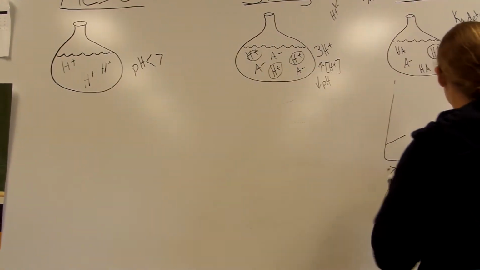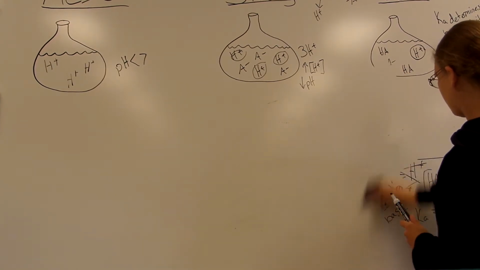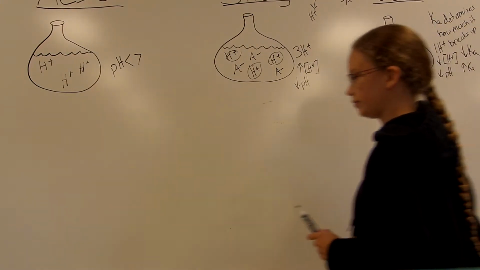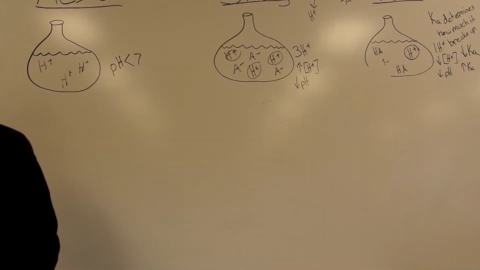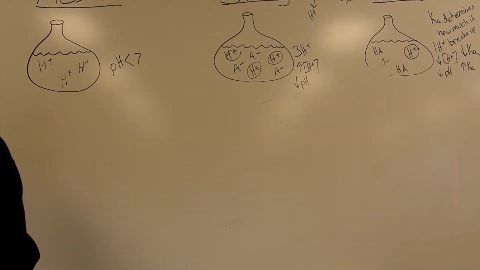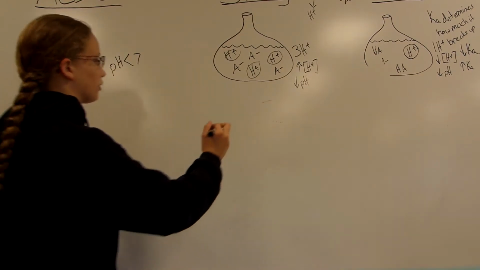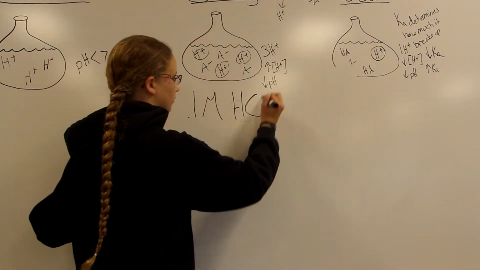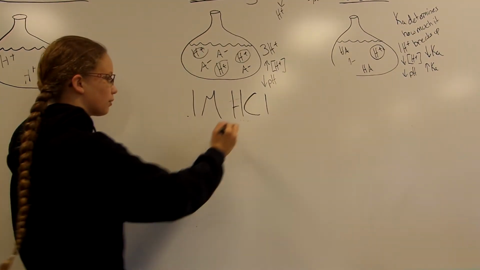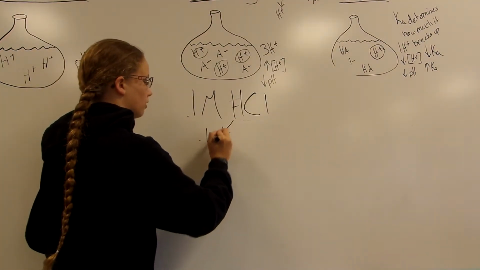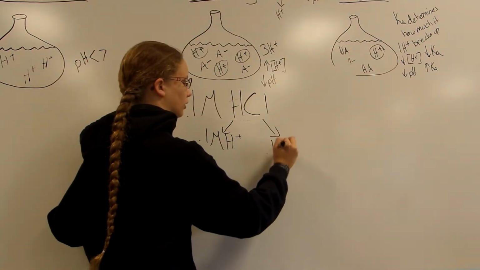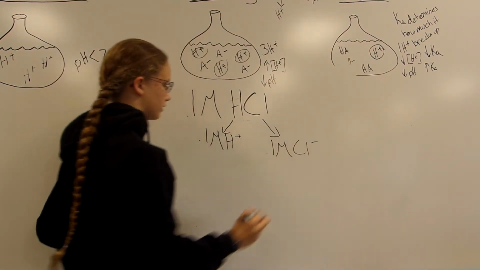And then we can do some sample problems to figure out the pH of a weak and a strong acid. For a strong acid, we're going to take 0.1 molar HCl, which we know will completely break up into 0.1 molar H plus and 0.1 molar Cl minus.